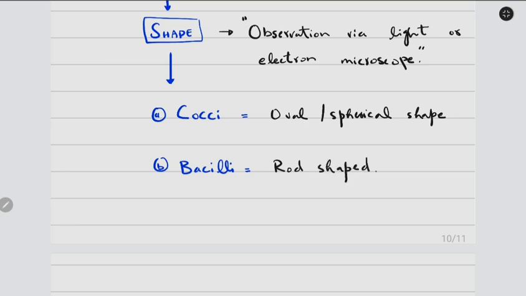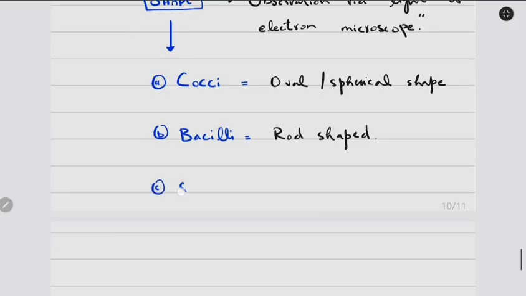And then there could be some spring-shaped or spiral-shaped bacteria. And they have some subcategories as well.